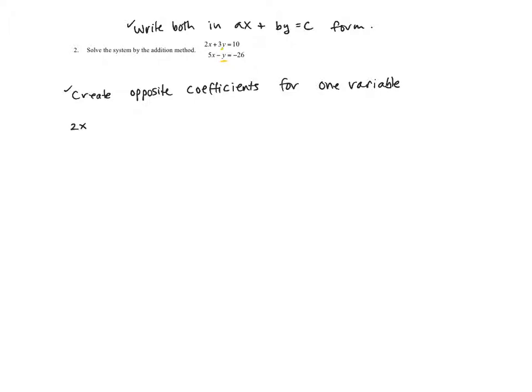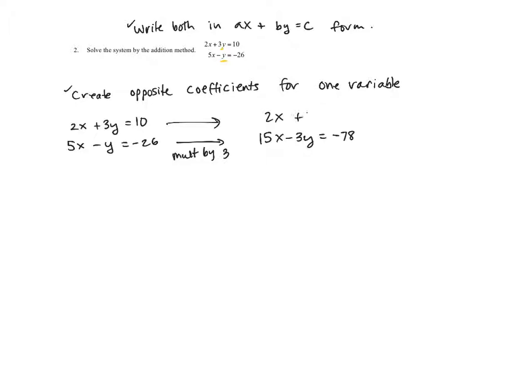So 2x plus 3y equals 10, and 5x minus y equals negative 26. Okay, if I multiply this second one by 3, I would get 15x minus 3y is equal to negative 78. Okay, and then this one I'm just going to copy. So 2x plus 3y equals 10.